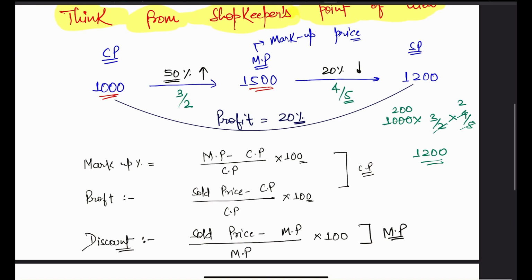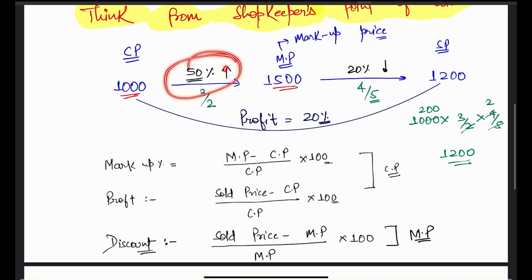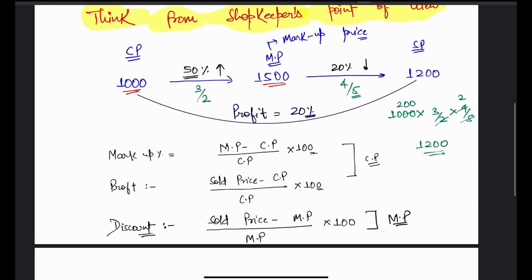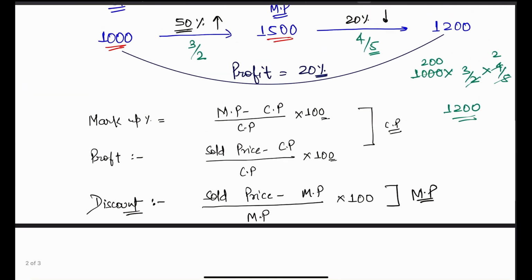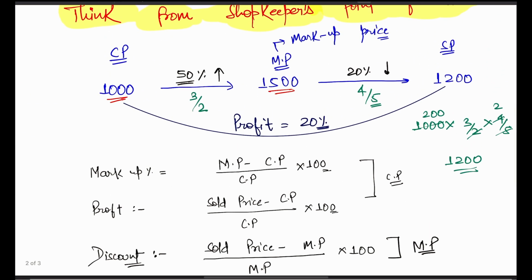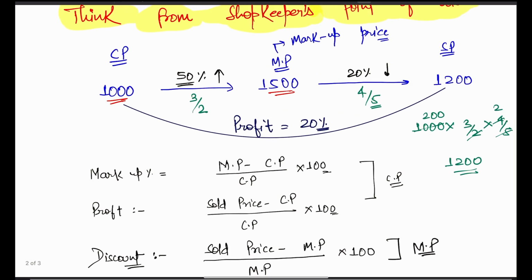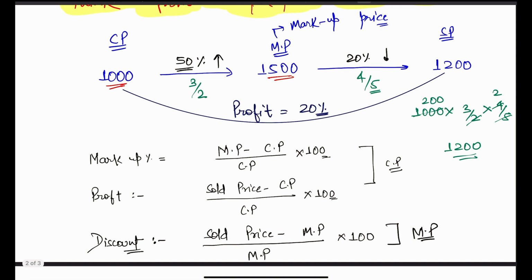So yes, successive will work over here because first it is increasing and then again it's decreasing. As successive is working here, what we can also do is, I know that this is 3 by 2.